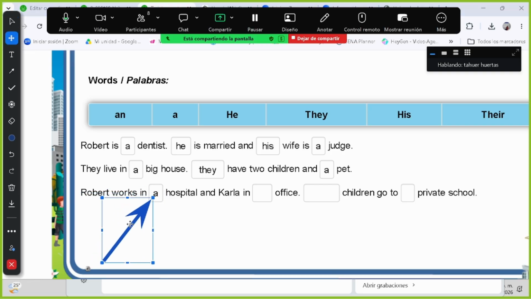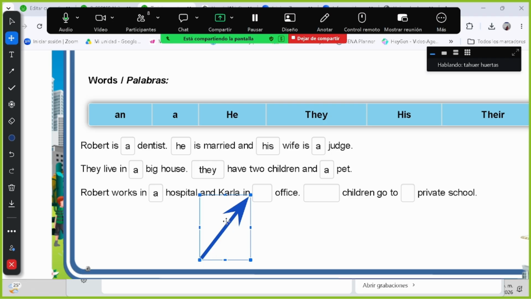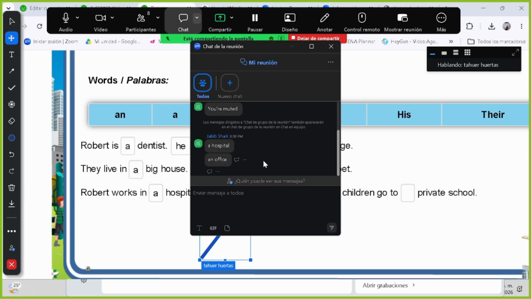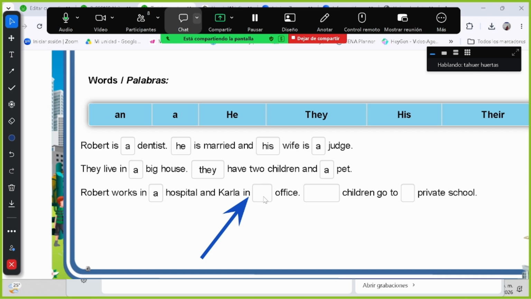Robert works in a hospital and Carla in an office. The other article and children go to. What's the next word?